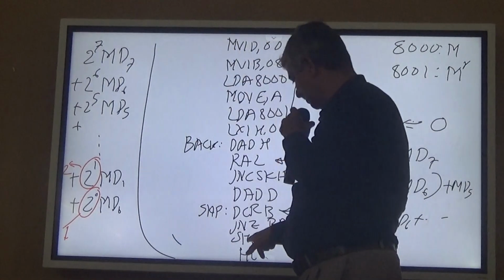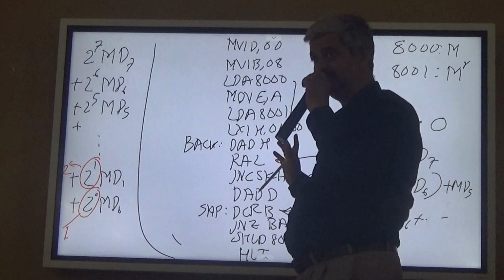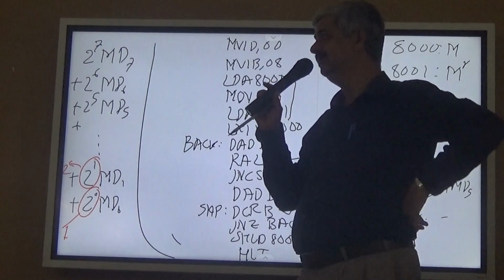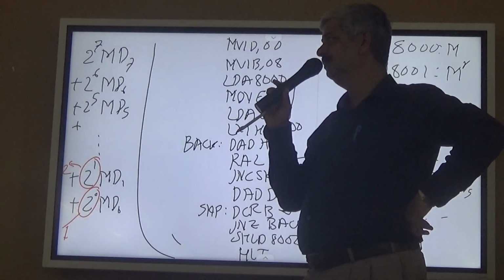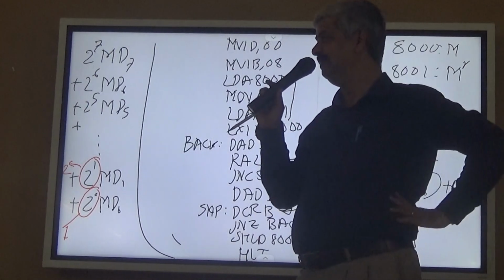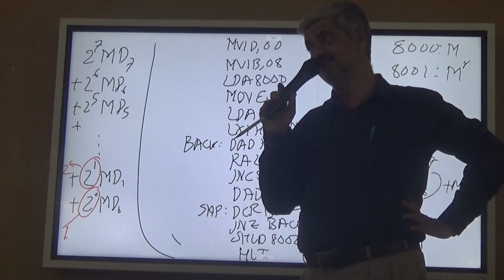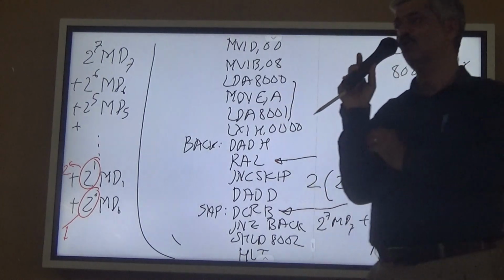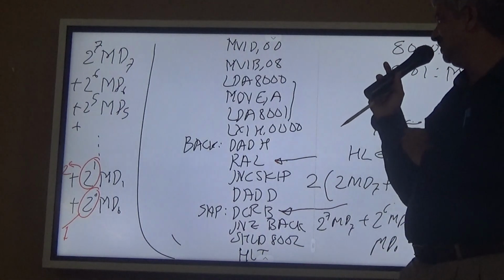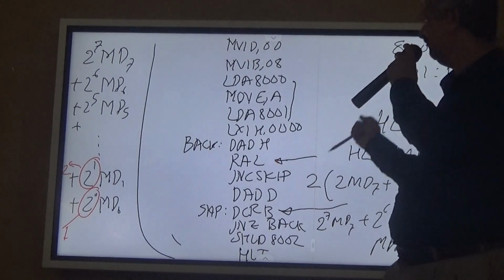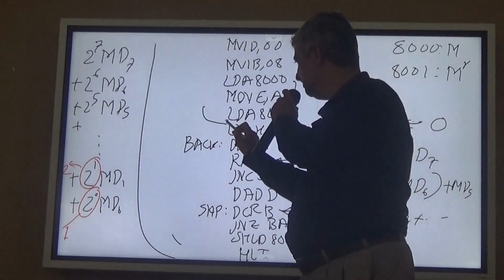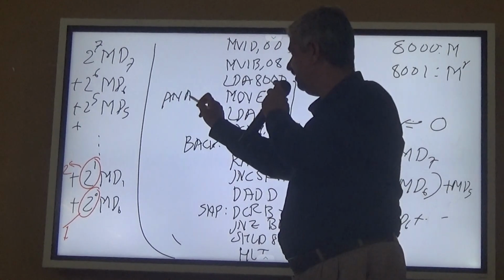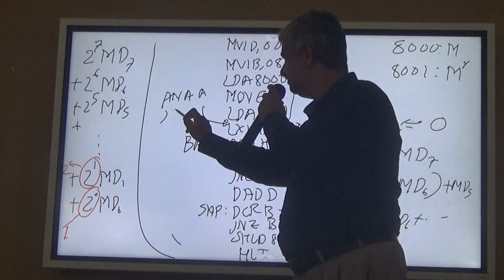And then store the result at 8002 and halt. Is it right? Now here, whether that previous problem of the multiplier being 0 will come. If the multiplier is 0, do you need to check that? Whether this is required here, initiate A, jump on 0.